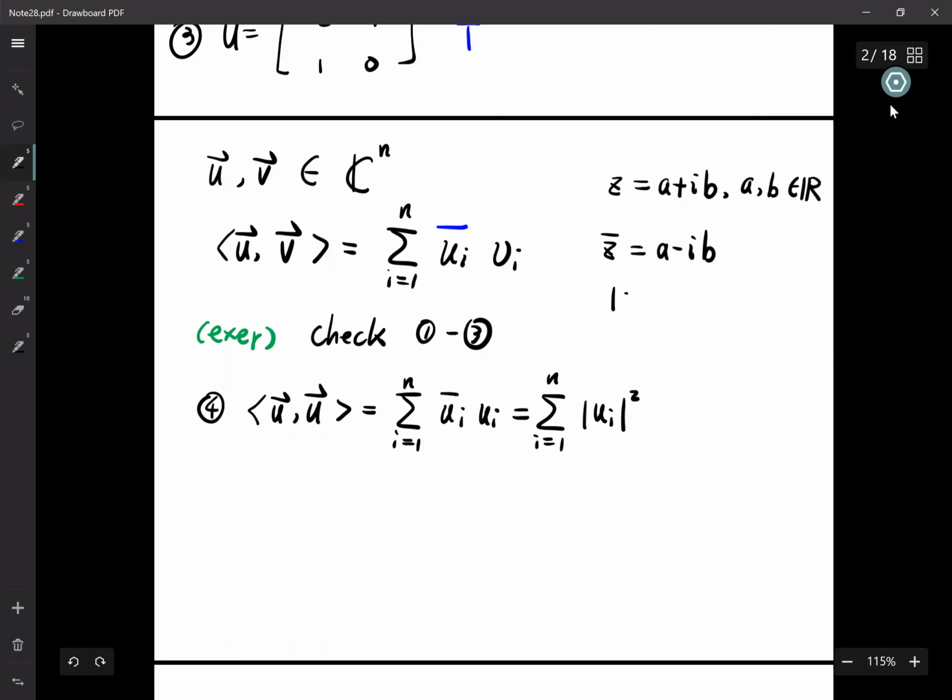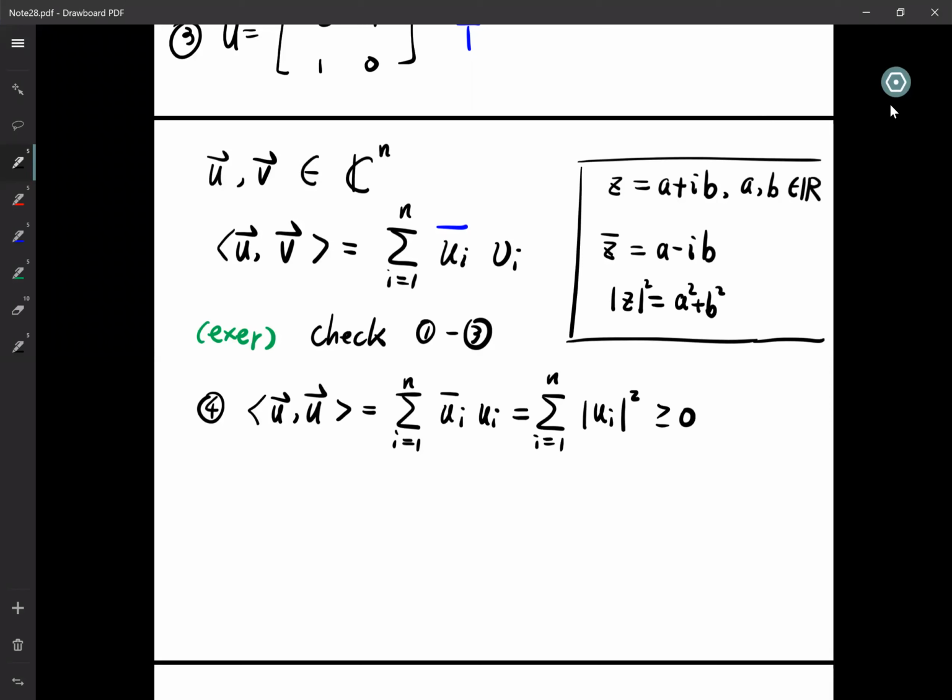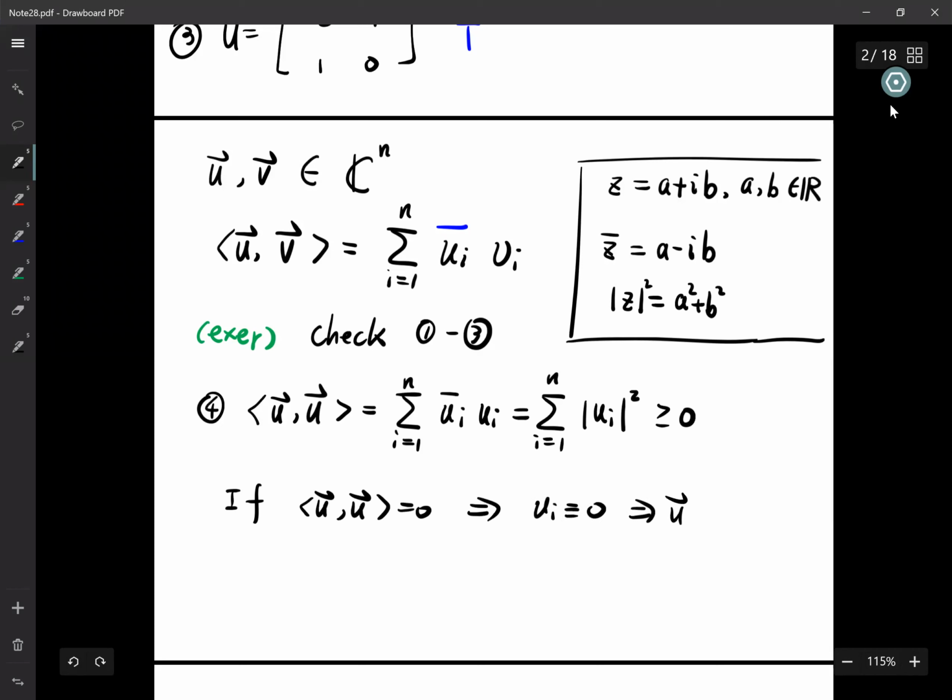So |z| squared is defined to be a squared plus b squared for a complex number, and therefore this is indeed non-negative. If the inner product of u with itself equals 0, we have all the components are 0, and therefore u is the 0 vector. So indeed, this defines an inner product.